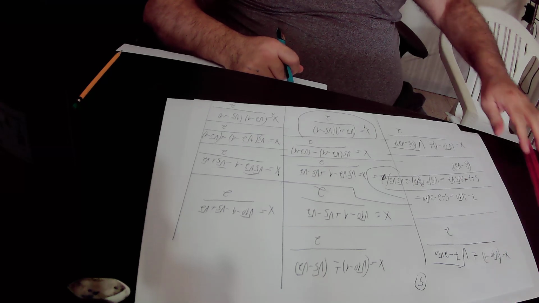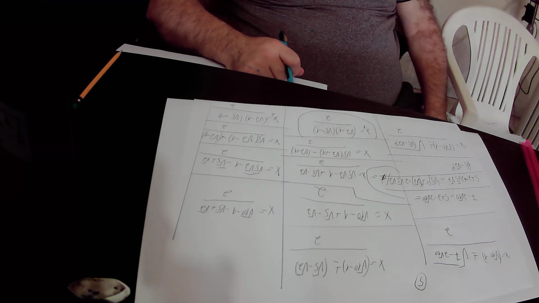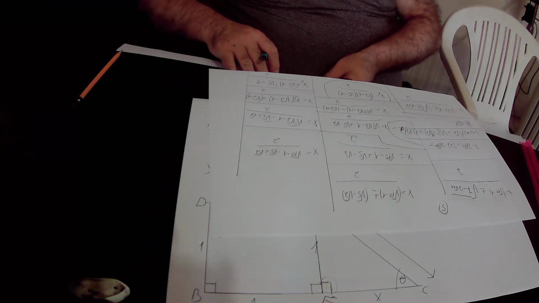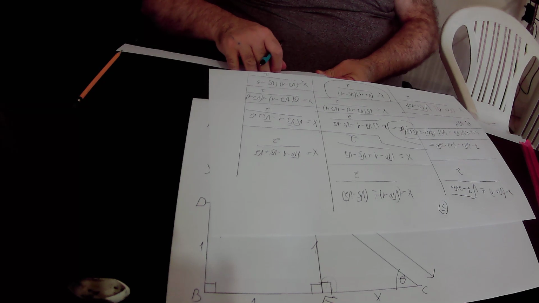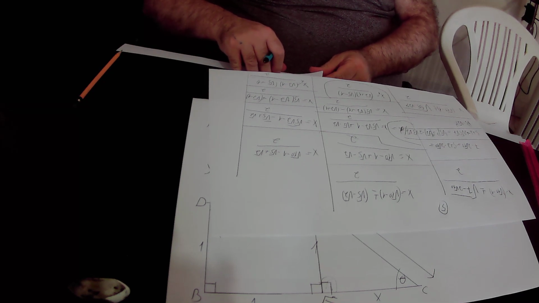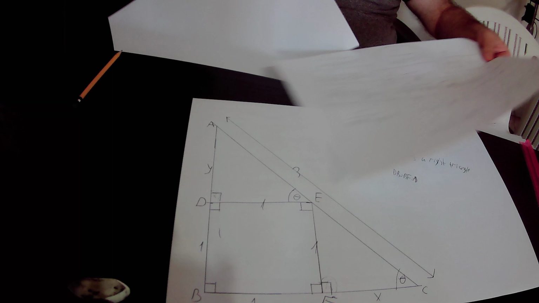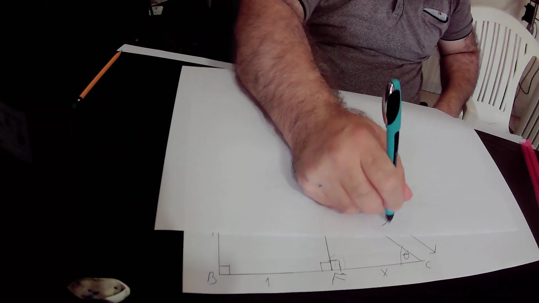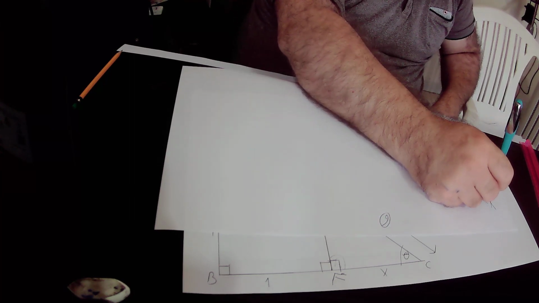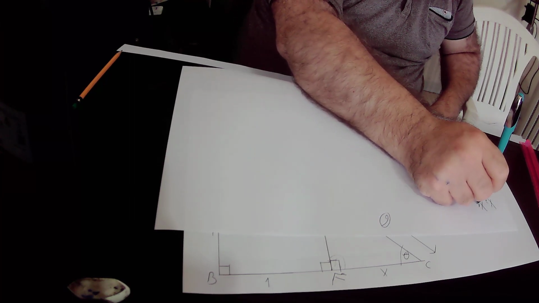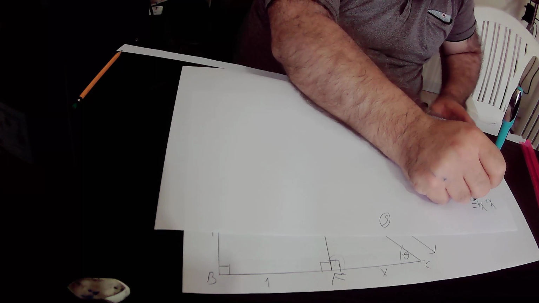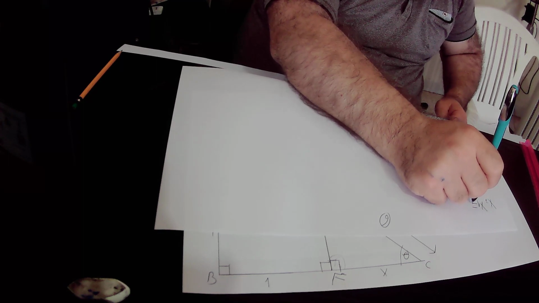And we will multiply the two solutions of the quadratic equation, x2 times x1. The quadratic equation has two roots, or two solutions.